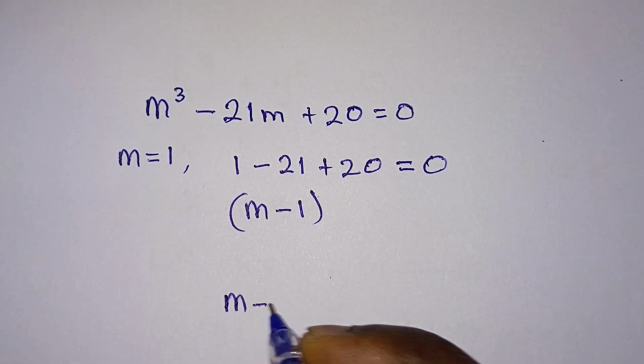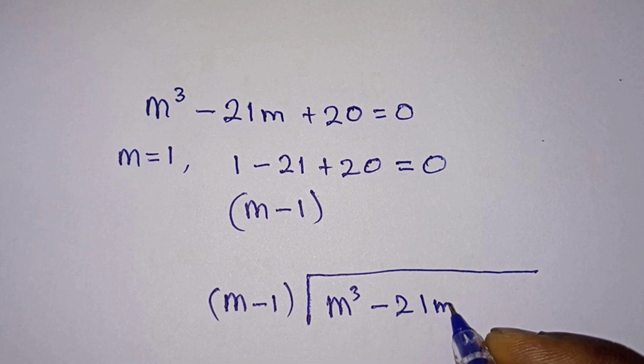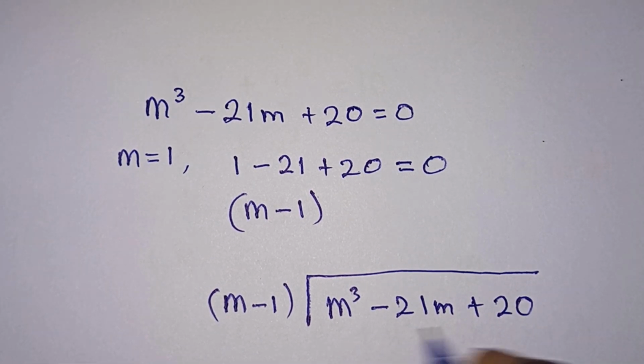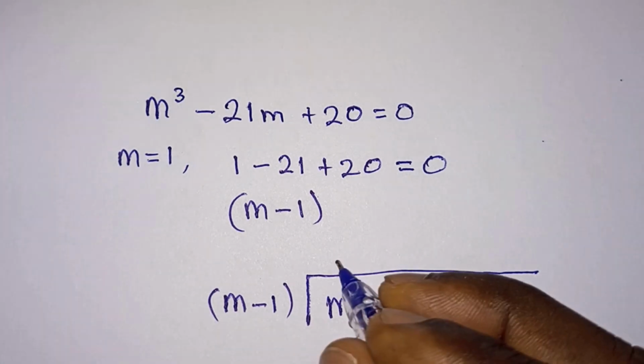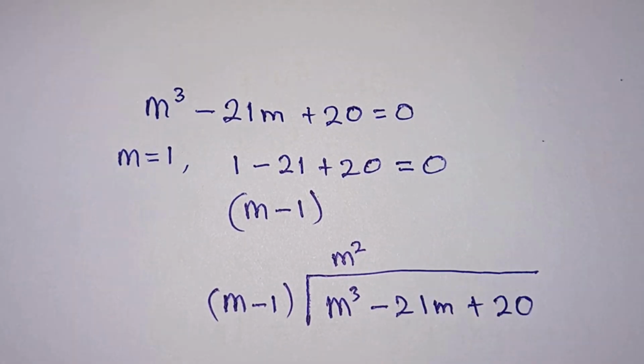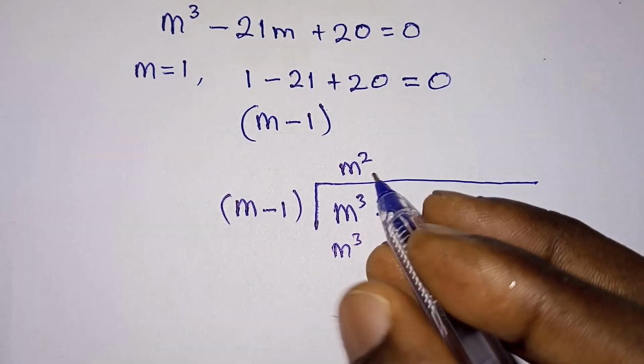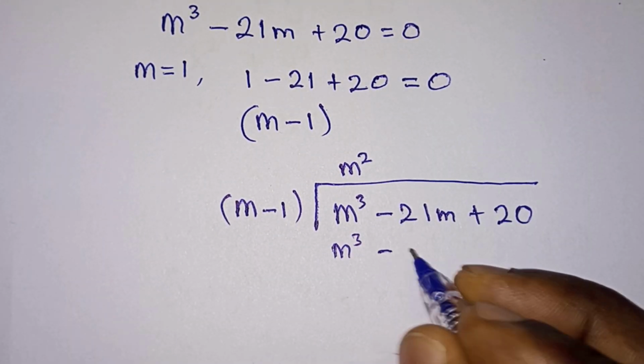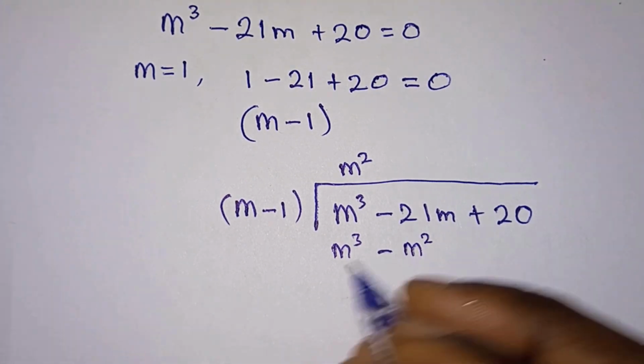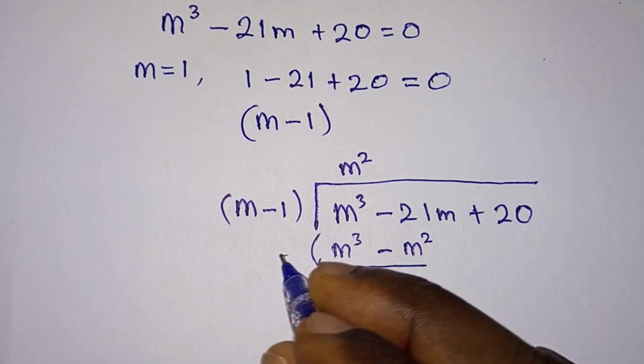So we would have m cubed minus 21m plus 20. We are dividing this one by this factor. m cubed divided by m, we would have m squared. This times this, we will get m cubed. Then this times negative 1, we will have minus m squared. Then we will subtract.